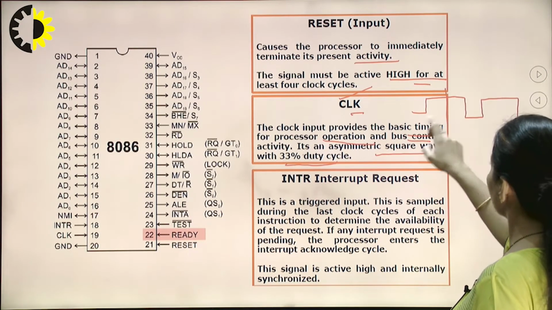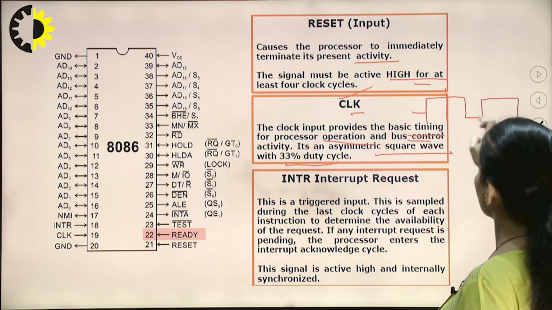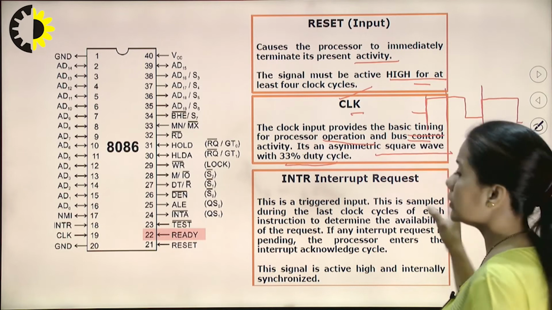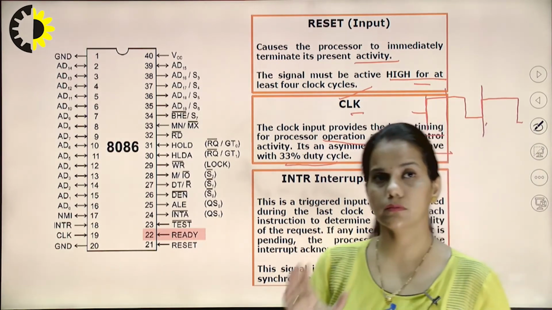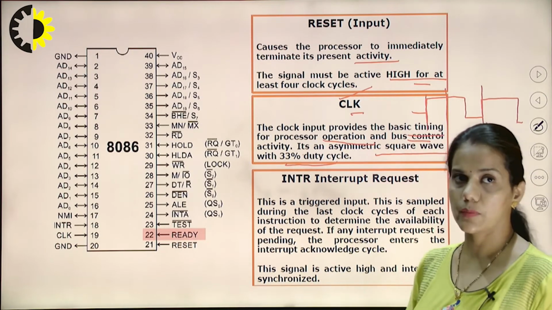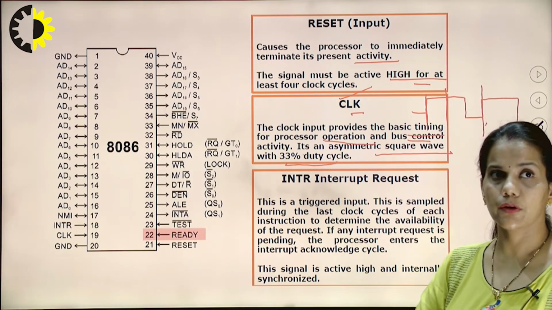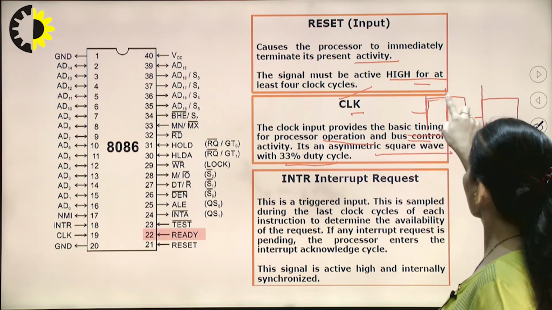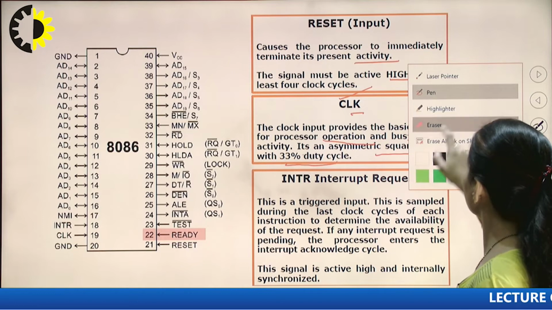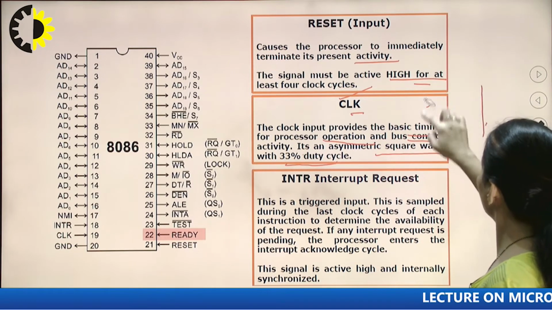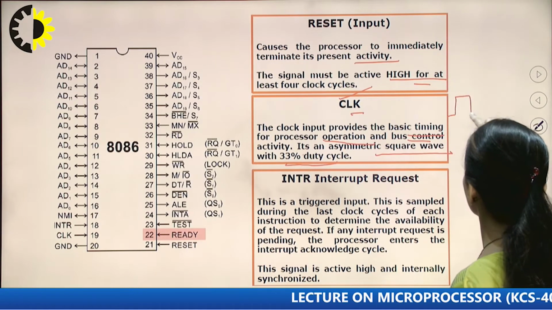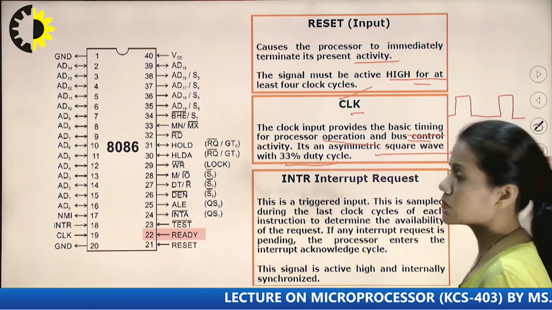Suppose this is the full period T. Sorry, for only 1/3 of the period of the clock it is high, and the rest is low. In this way it looks. So 33% is the duty cycle.